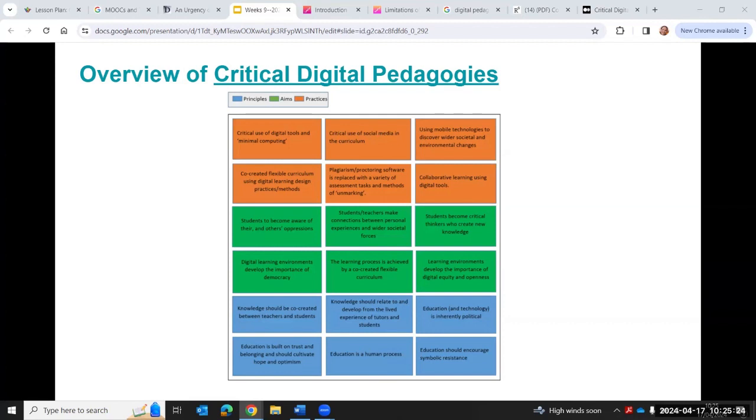So do we know that knowledge should be co-created and not just something that is given and people need to follow? So do you know your role in your society and how your own ways of seeing and understanding the world influence society, and how society influences you and who you are?